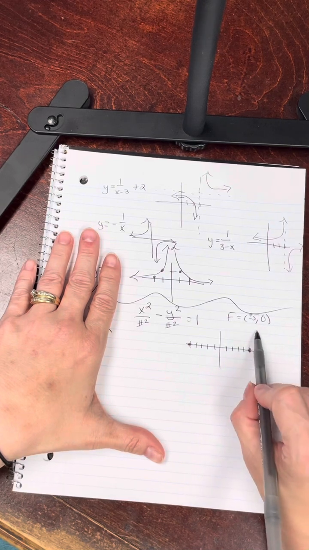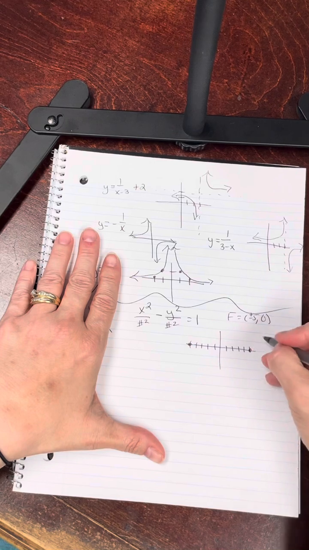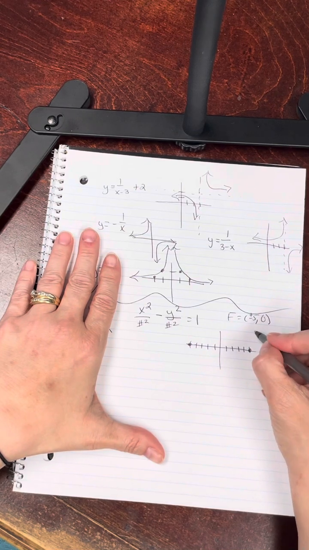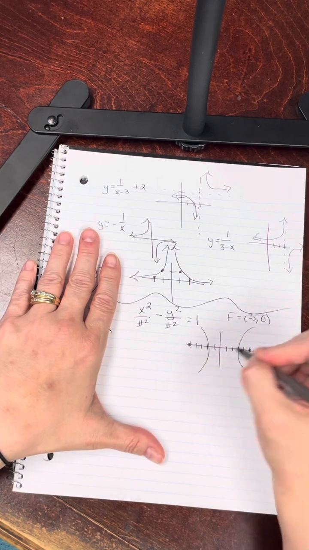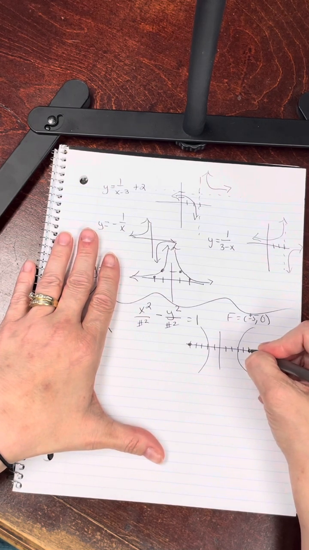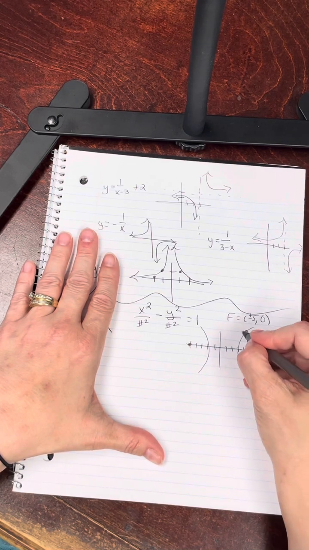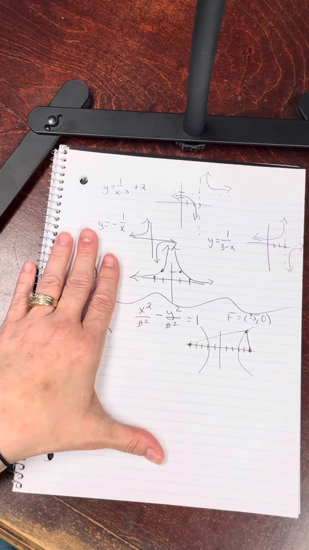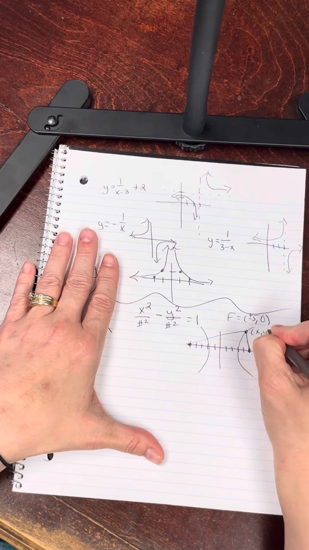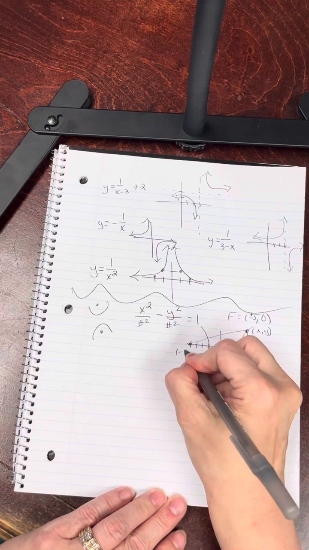knowing then that the foci points are in the opening of a parabola, the parabolas would be doing something like that. And so wherever they might be, you can then say this actual dot to a spot on this parabola will connect to this other foci point, and we'll call this one xy, and we'll do the distance formula between, and this one was 5, 0, and this one was negative 5, 0.